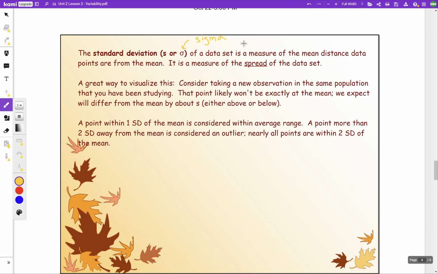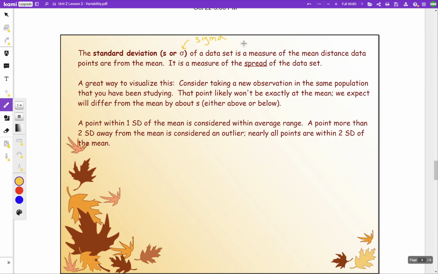So the standard deviation of a data set, what this measures is the mean distance that data points are from the mean. And it is a measure of the spread of a data set. So it really tells you how much data can vary from the mean.